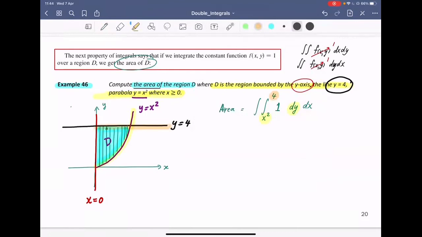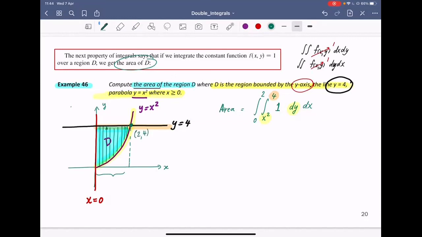Sounds good. And x is going to be from, well, you have to figure out the x values that the vertical line moves across, which is from x equal to 0 to x equal to 2. How do you know that this is 2? Because you have the intersection point here, and you have to be expert enough to find it. The intersection point is (2, 4).